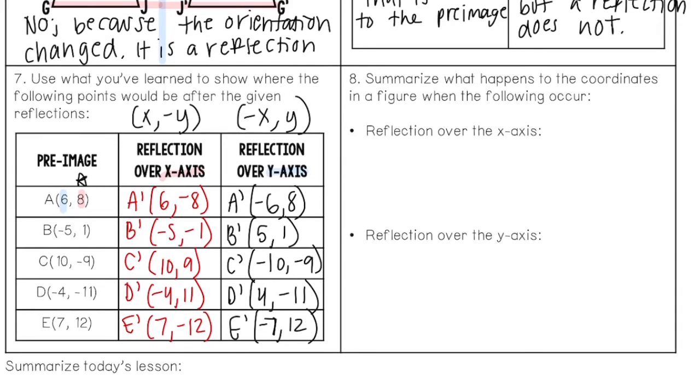So let's look at number 8. Summarize what happens to the coordinates in a figure when the following occur. Reflection over the x-axis. Well, we take the opposite of y values.